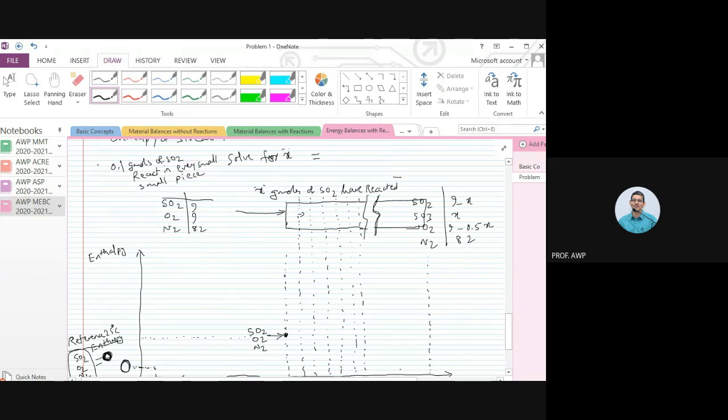Is that okay? Can I assume that 0.1 gram moles of SO2 react in every small piece? Can I make that statement? And if you don't like this 0.1, you can take it 0.01. If you don't like 0.01, you can take it 0.0001. Just to illustrate the calculation, I am just taking 0.1. Do you permit me to do that?